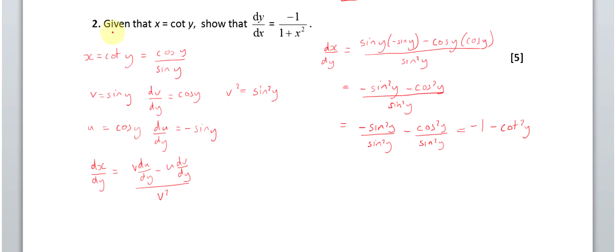And we know from the start that x is cot y, that means cot squared y is x squared, so that means we've got minus 1 minus x squared, and that's dx by dy, so dy by dx is 1 over that lot. And we can take the minus out, and an equivalent expression is this, which of course is what we're trying to show. And there we go.